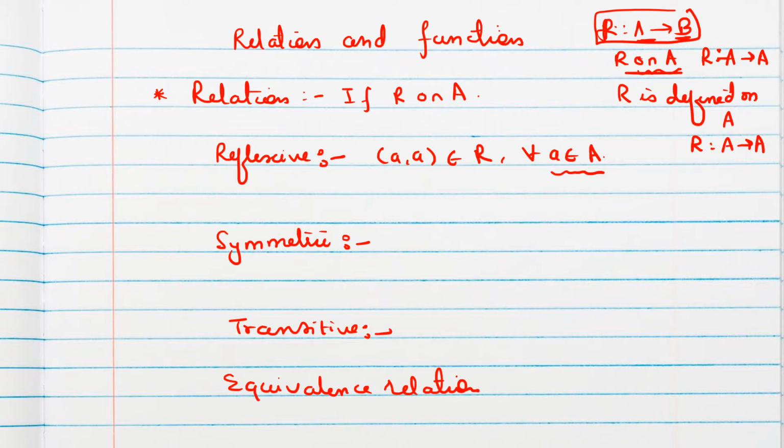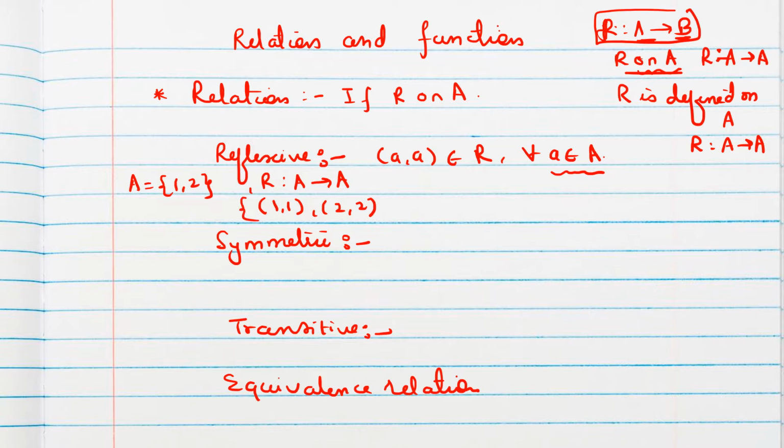For example, if I consider A as the set {1, 2} and my relation is defined on A, meaning R from A to A, then for my relation to be reflexive, the element (1, 1) should be there and (2, 2) also should be there. If any one element is missing, I will say that particular relation is not reflexive.